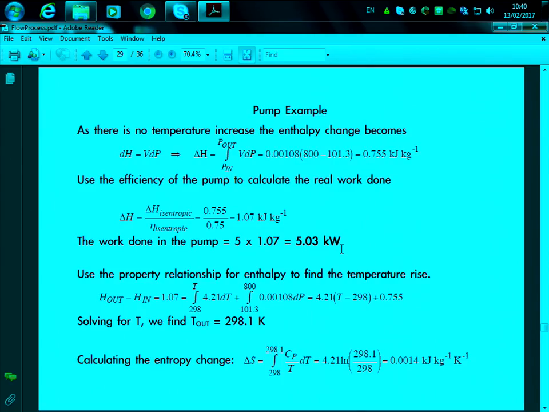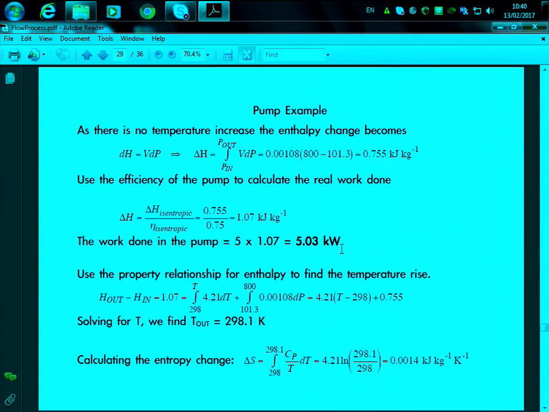Okay, so we will first assume an isentropic process. So dS equals 0, Cp dT minus dV dT.